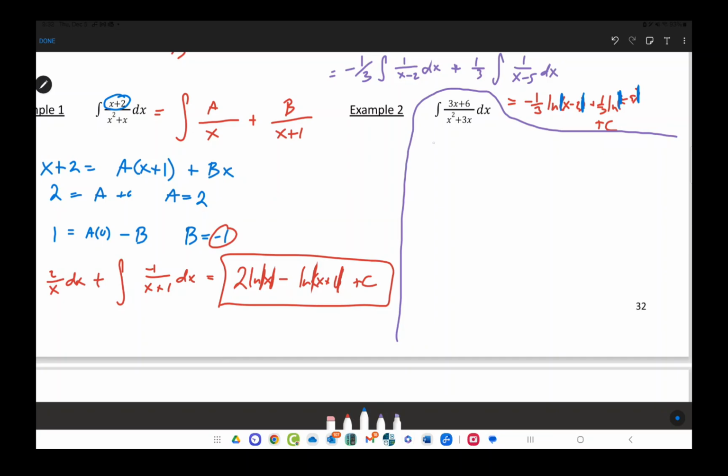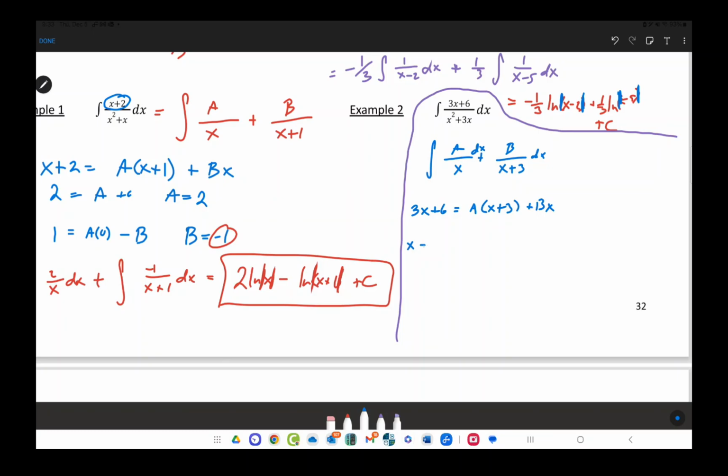So we have the integral of a over x plus b over x plus 3. That means we have 3x plus 6 is equal to a times x plus 3 plus bx.